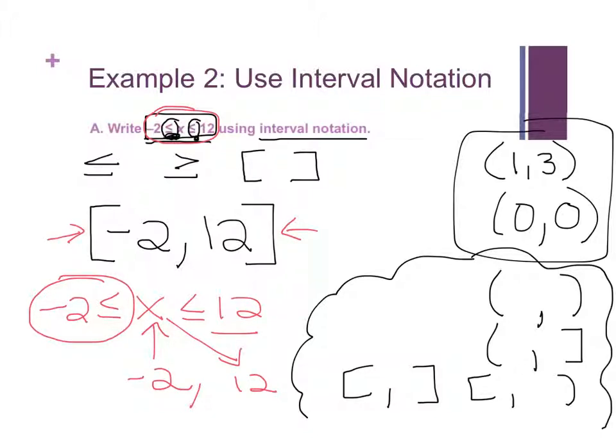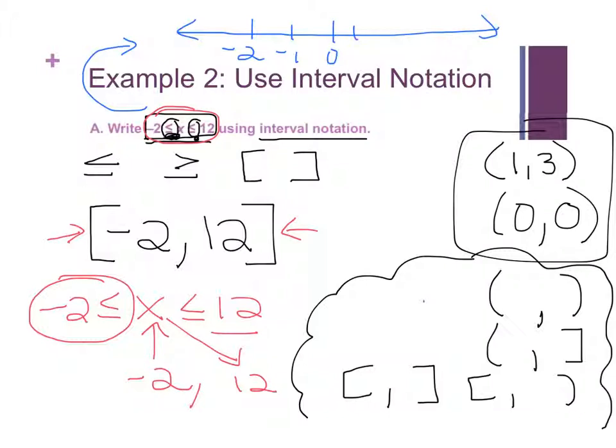You may also think about this inequality in terms of its graph. The graph of this inequality, if we graph an inequality on a number line, we know that we have -2 here, then -1, then 0, and then a whole bunch of lines here. 1, 2, 3, 4, 5, 6, 7, 8, 9, 10, 11, 12. 12 would be right here.